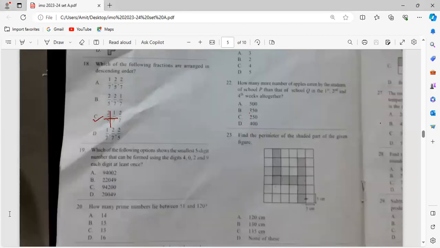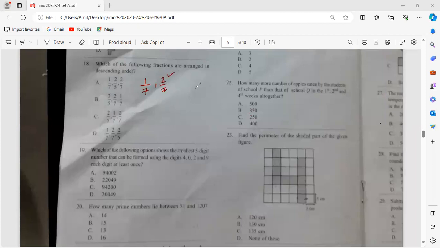Which of the following letters have exactly 2 lines of symmetry? So exactly 2 lines of symmetry will be option C. Now, which of the following fractions are arranged in descending order? So if you see here, 1 over 7 and 2 over 7, you already know that 2 over 7 is a bigger fraction.